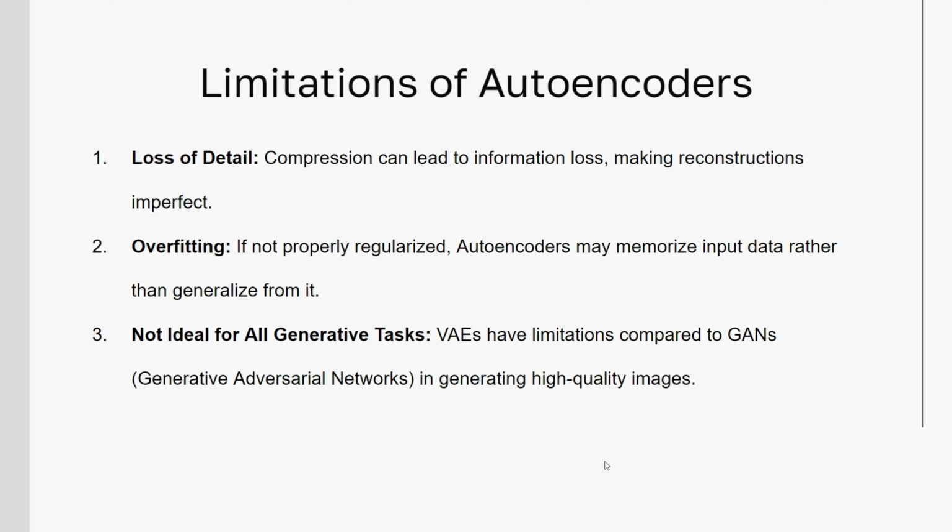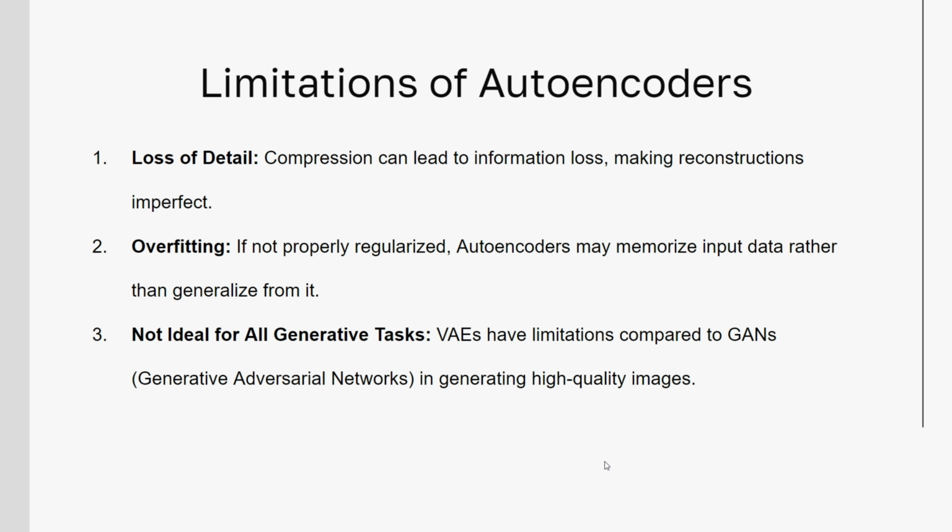Next, we have a high chance of overfitting, since we are just trying to recreate the original input image. The models can sometimes easily overfit if we do not have the right amount of data or the right quality of data where the model can generalize much better. And as I've discussed earlier, it is not ideal for all generative AI tasks, but rather for very limited use cases.